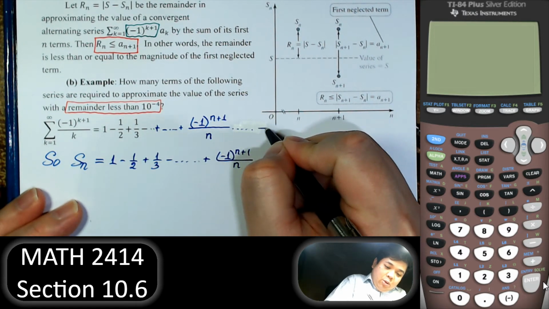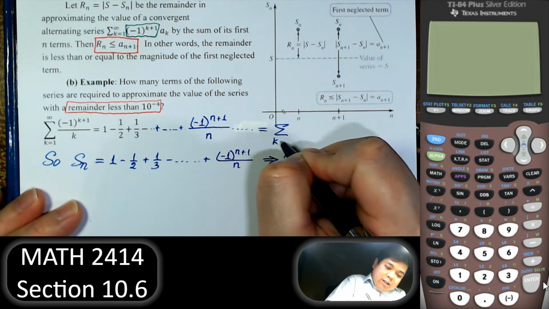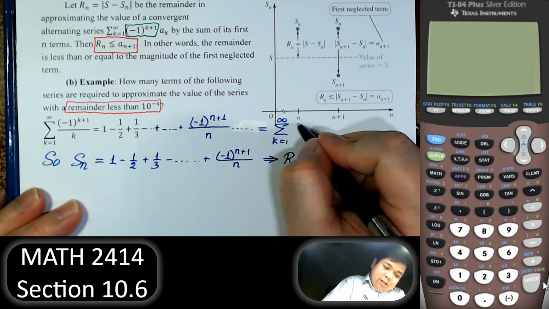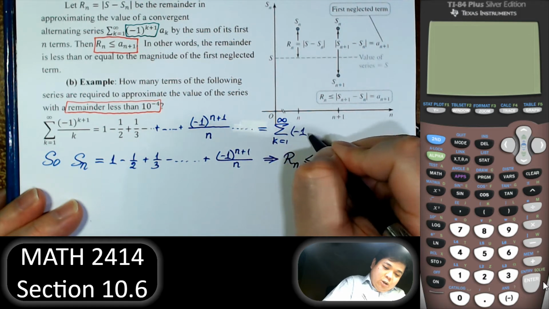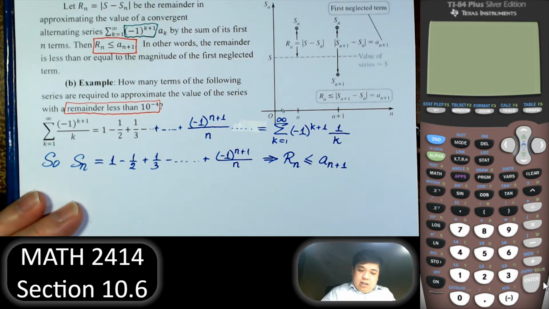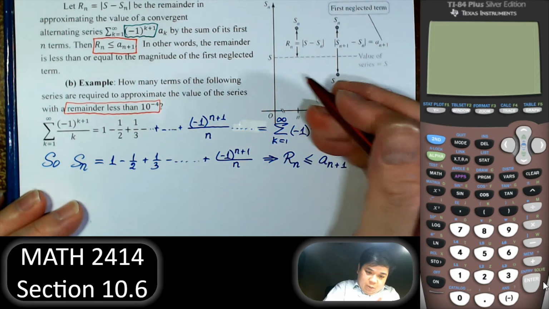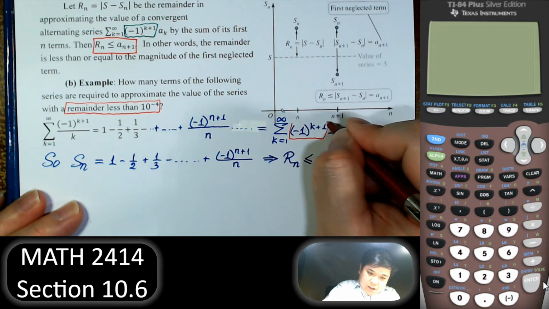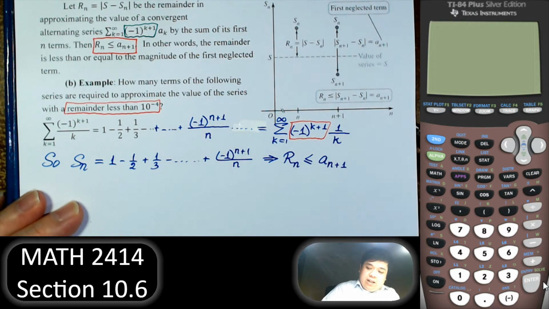For instance, this series I can write by taking the negative 1 to the k plus 1 out front, and we write it like that. Now ignore the negative 1 to the k plus 1. Of course, this is a sub k.